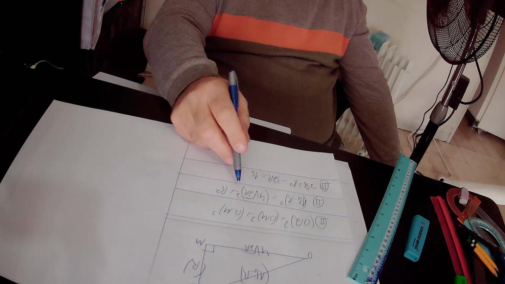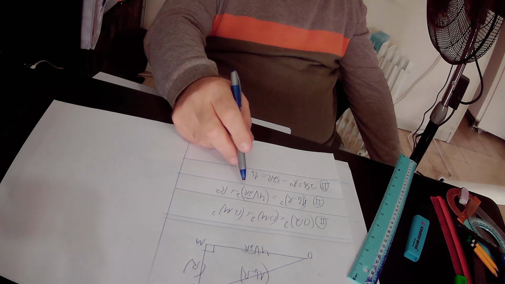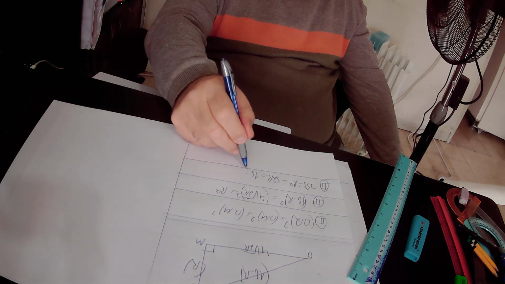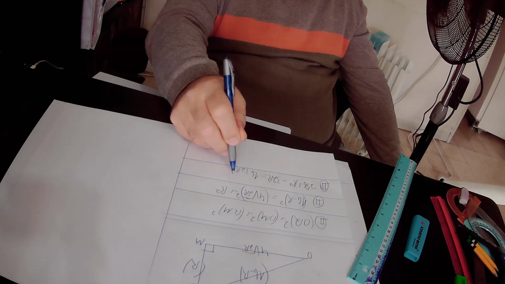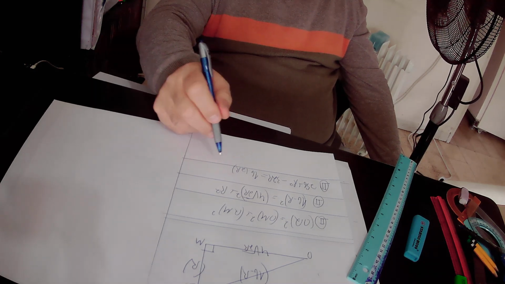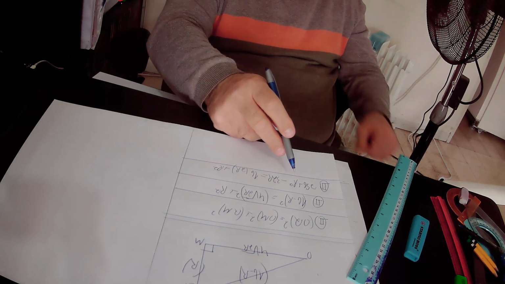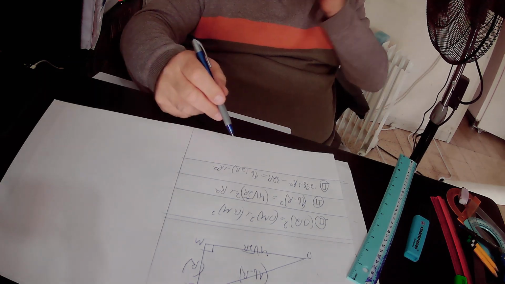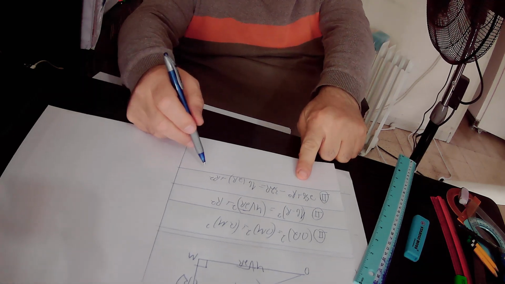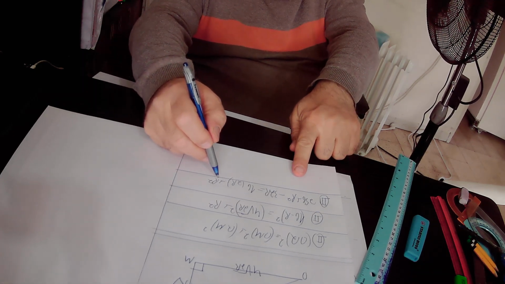And here with the power, we cancel the root and are left with only 2r. So 16 times 2r plus r square equals 256 plus r square. So we have r square on both sides of equation 2, so r square gets cancelled.